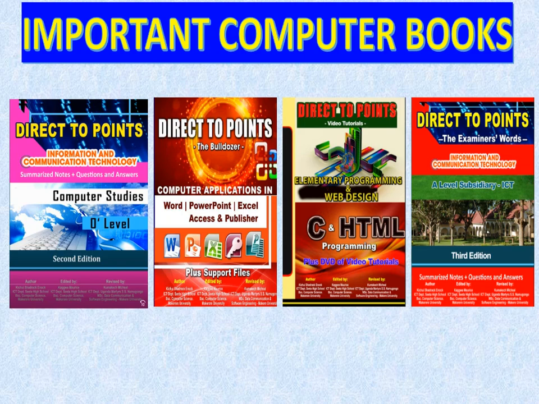But there is another book called Elementary Programming and Web Design, still from Direct Points. This book has computer programming using C and HTML. This applies at O level, but it is also a good book when you want to start programming.